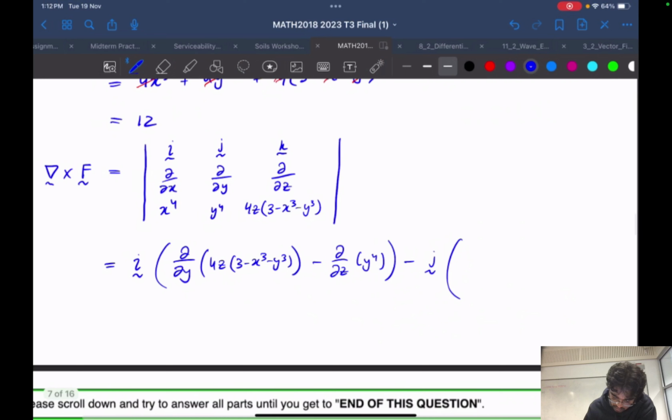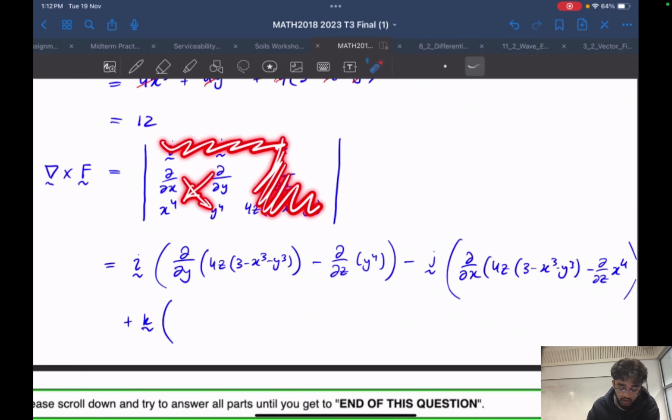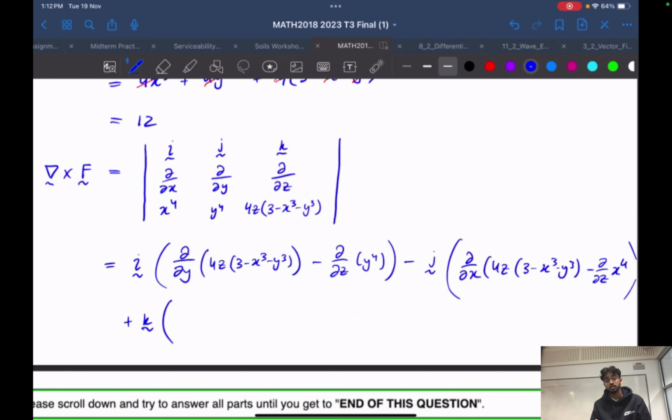So delta on delta x of 4z(3 minus x cubed minus y cubed) minus delta on delta z of x to the 4. Finally, k. Again, get rid of this column and this column, and we do the determinant of that 2 by 2 matrix.